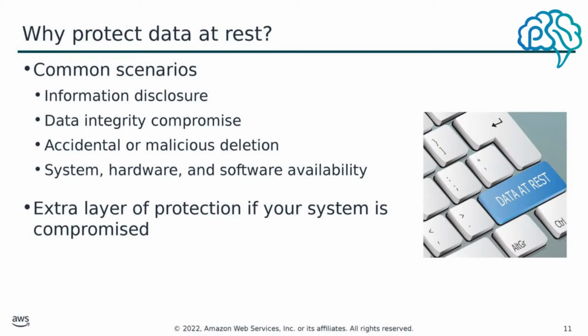So some of the things to consider would be information disclosure: limit the number of users who can access the data, use policies to manage access to resources, and then use encryption to protect that confidential data. Also, data integrity compromise.